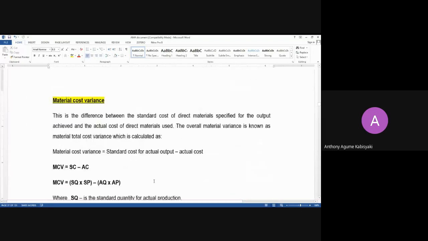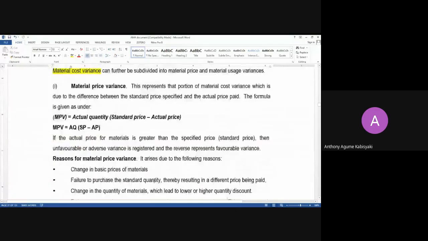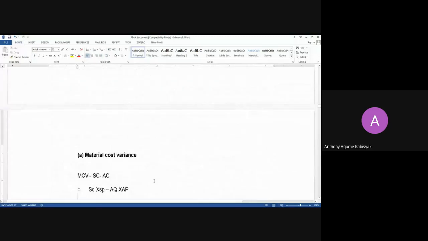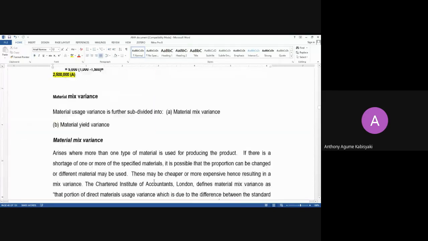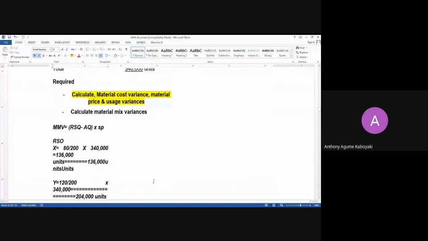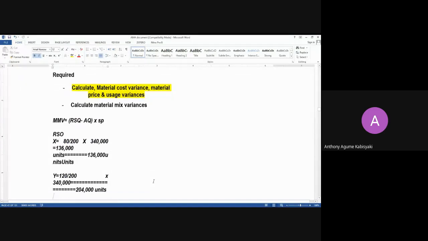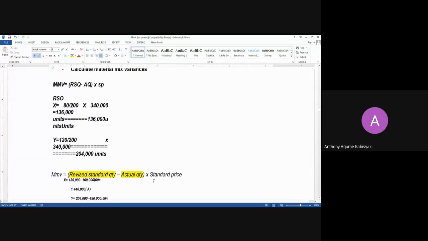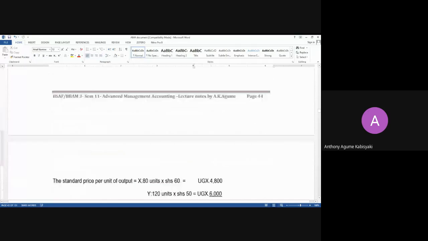We have looked at labor cost, how you compute labor cost. We say that labor cost is got by standard labor cost minus actual labor cost. And how do you get the standard labor cost? The standard hourly rate times standard hours for actual production, minus actual hours times actual labor rate.